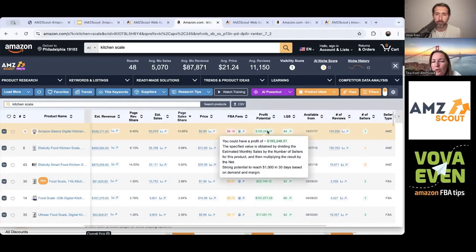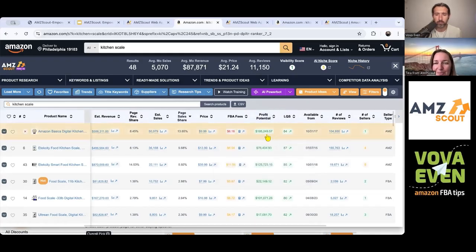We divided all the monthly sales by the number of sellers for this product, and then multiplied the result by the net, so we subtracted the FBA fees, and here we go. That's the profit potential you could get if you join to sell the same product, or if you're a sole seller. That's the average, the estimated profit potential this seller has.